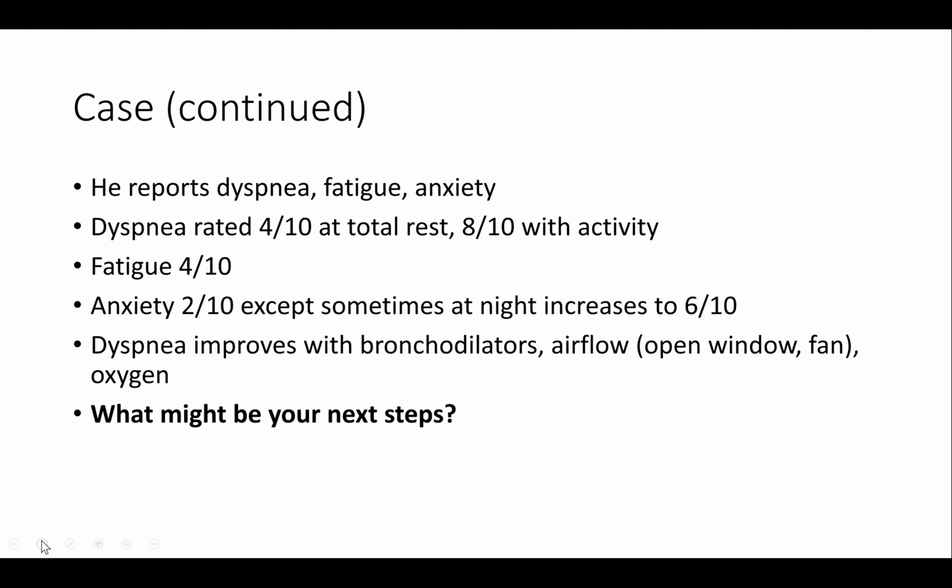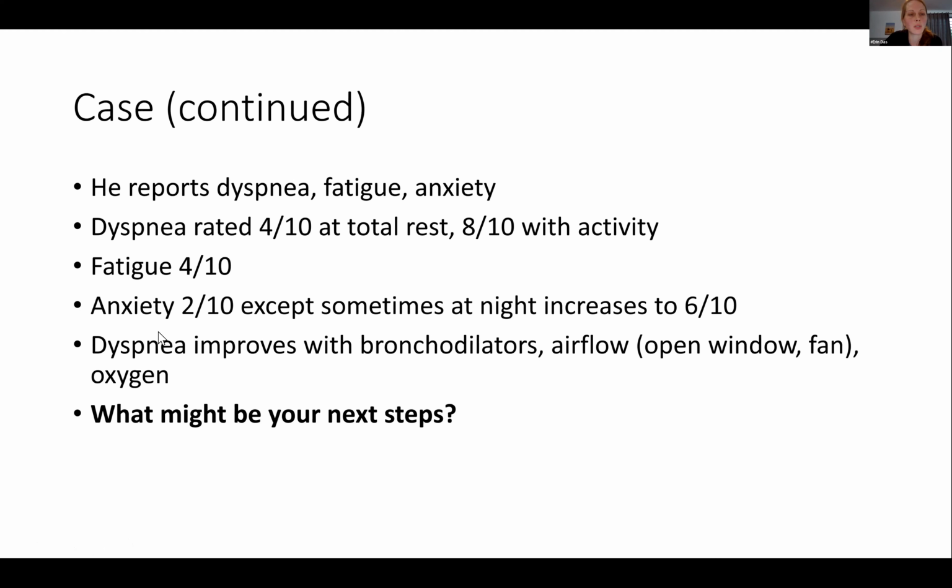Okay, so as we move on, he reports dyspnea, fatigue, and anxiety. So he rates his dyspnea as a 4 out of 10 at total rest, but when he does activity, which is one of those questions that you guys said that you would ask, he rates his dyspnea as an 8 out of 10.